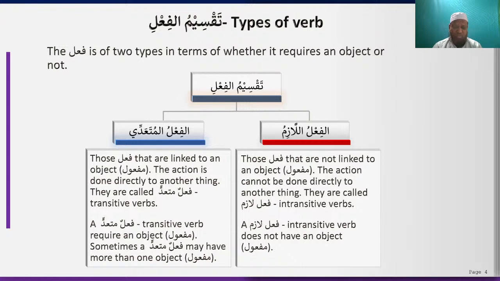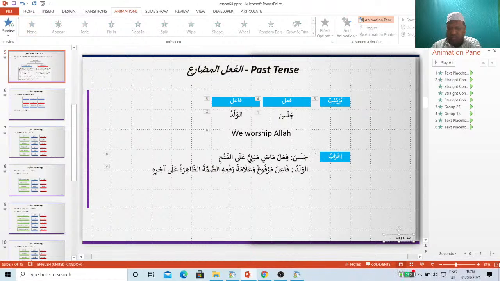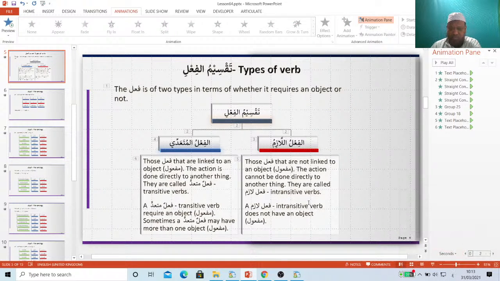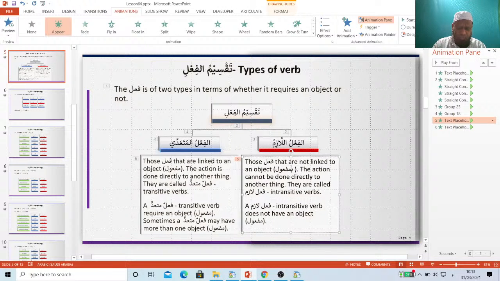Sometimes a فعل متعد may have more than one object. In that case, we say مفعول به أول and مفعول به ثاني. So instead of just typing مفعول, there are two types of مفعول. Which مفعول do we mean? We mean مفعول به.